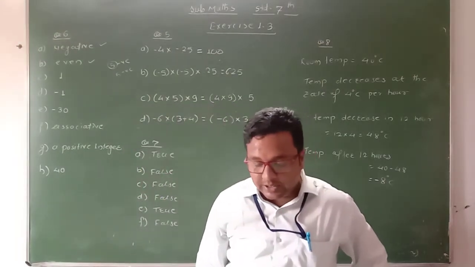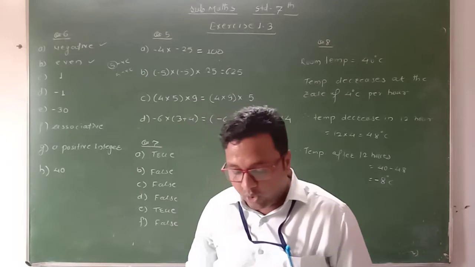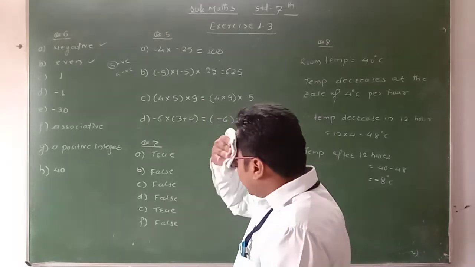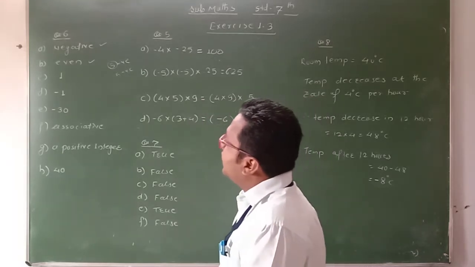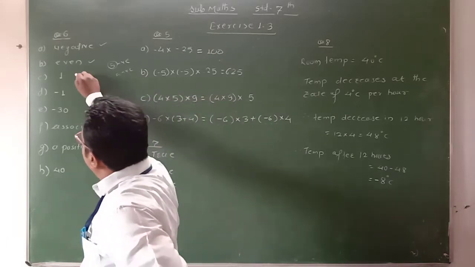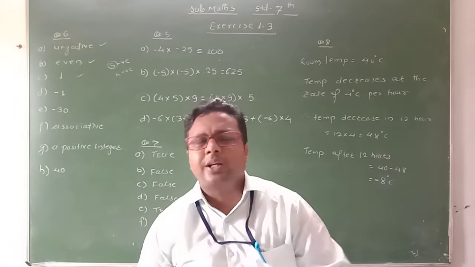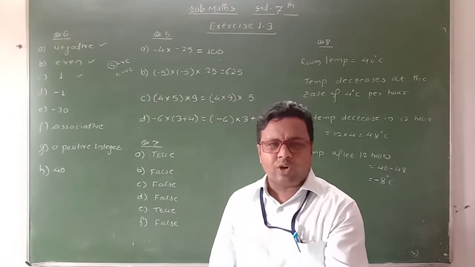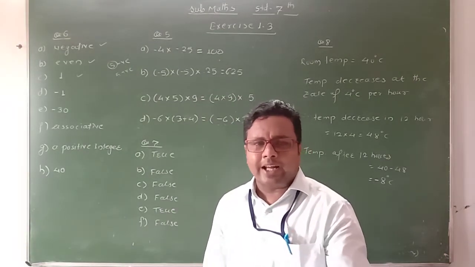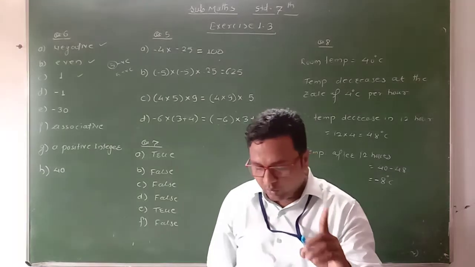Then the next statement is given: the multiplicative identity of integers is always 1. If you multiply any integer by 1, then you will get the same answer. This is called the multiplicative identity, and the multiplicative identity is 1.